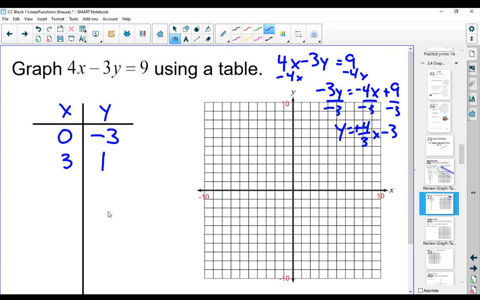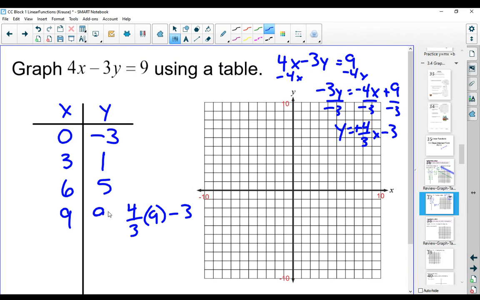And then from there I can choose numbers. I would maybe choose to use a 6. So 4 divided by 3 times 6 is 8, minus 3 is 5. So if I chose to use a 6, I could get 6 and 5. If I chose to use 9, 4/3 times 9 minus 3 would be 9.